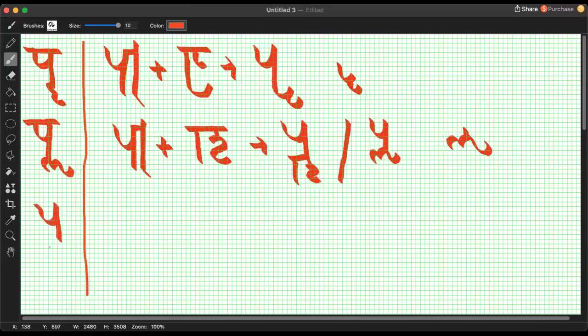Next, we'll learn how to write dr. Even this you will not get to see much, but it's good to know. You first write per alphabet, the root, and then the dr matra, you add it here.